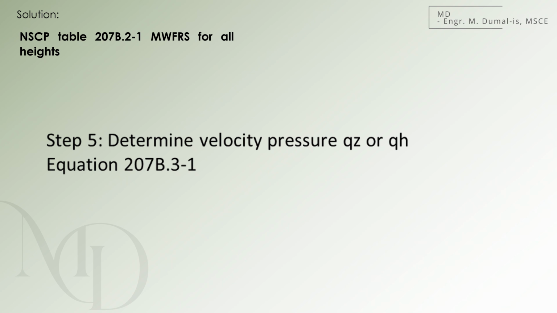We'll also be discussing the height and exposure coefficients, K sub Z and K sub H, which describe how wind pressure changes depending on the height of the structure and the surrounding terrain. These coefficients will then be applied to calculate the initial pressure values, Q sub Z and Q sub H, which form the basis for determining the wind loads on the structure.